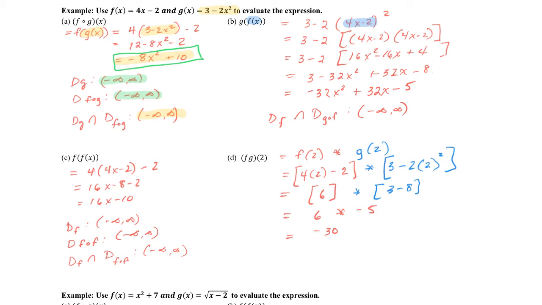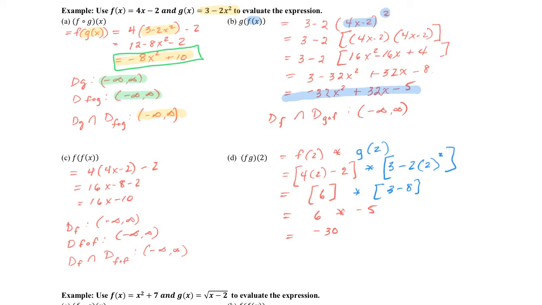So 4x minus 2 squared, you're going to have to FOIL that. So 4x minus 2 times 4x minus 2. Make sure you use brackets with that, and then when you're done, you multiply the whole thing by negative 2. After you combine like terms, your final answer is negative 32x squared plus 32x minus 5. That's g composed with f of x.